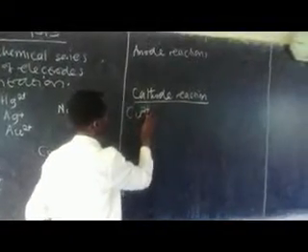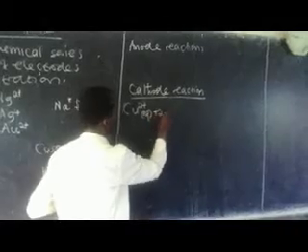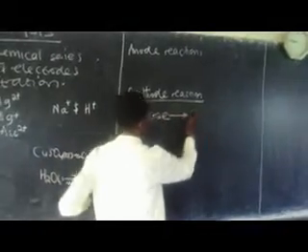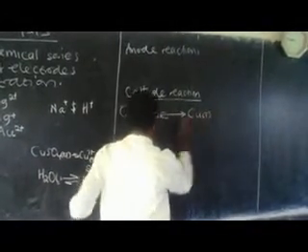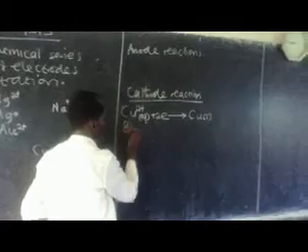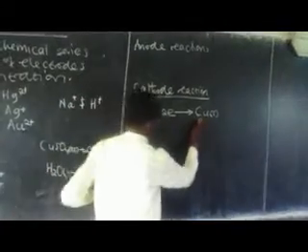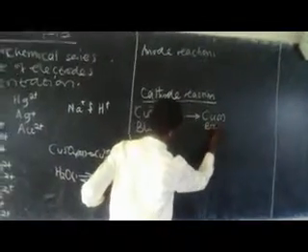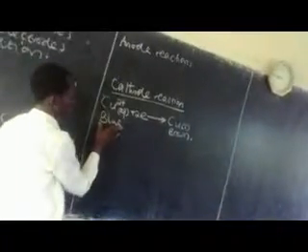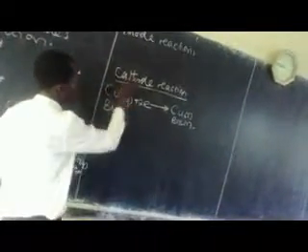We shall say copper ions in aqueous solution gain electrons at the electrode forming copper solid. These are blue ions. This is a brownish solid. So copper is brownish and these copper ions are blue. So at the end of the process, the blue color fades. It becomes brownish as copper is discharged.